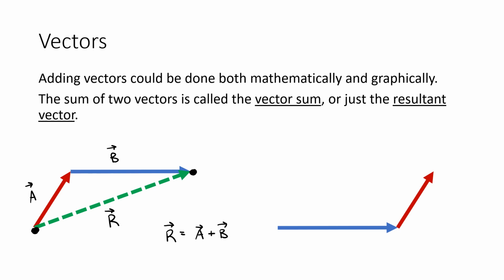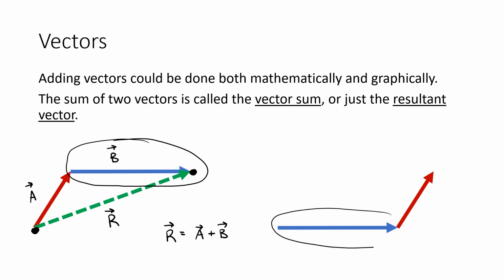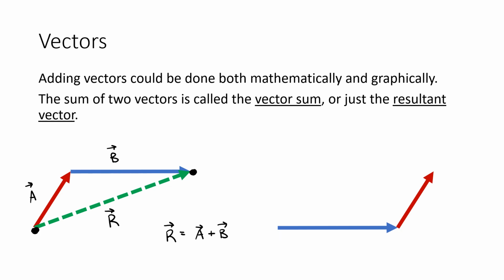Even though vector B is second up here, so I'm just going to circle it real quick, even though it's second, if I try to put it first, I still have to include its size and direction. So its size and direction remains the same. It's just swapped orders. So let me get rid of the circle. So we have vector B down here and vector A.